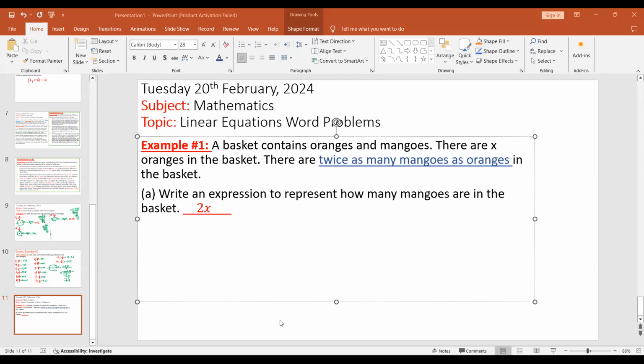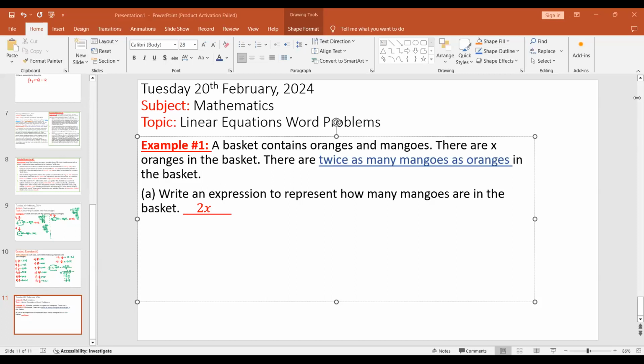So we're going to write an expression to represent how many mangoes are in the basket. It said twice, so it would be 2X. Very good. What if we said that there are 3 times as many? What would our answer be? 3X. 3x, very good.